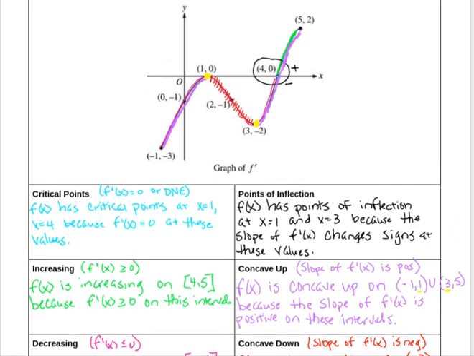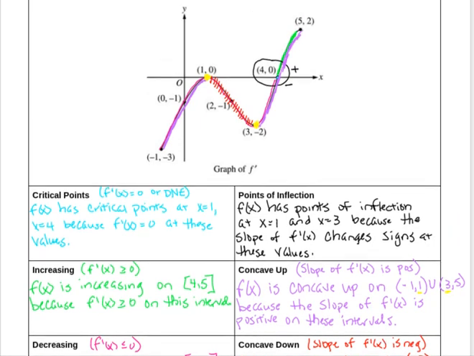At x equals 1, the slope changes from positive to negative, and at x equals 3, the slope changes from negative to positive. And so that's what creates these points of inflection.